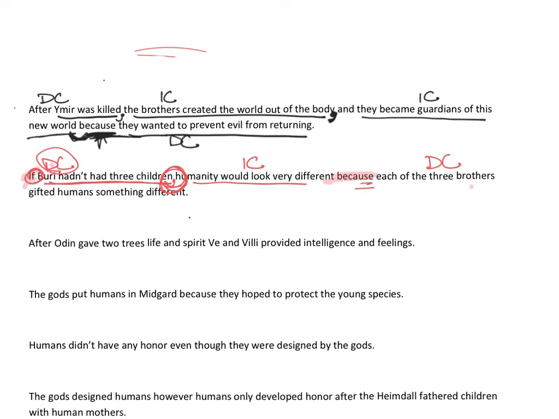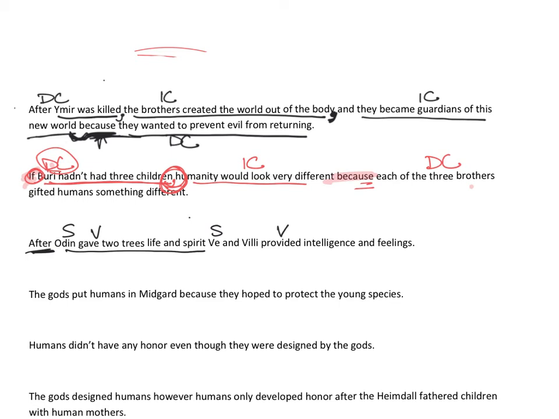Okay, after, ding ding, that's a little connecting word, Odin gave 2 trees life and spirit, Vé and Vili. I assume you see why we use commas, because it's like, dang, where does that idea end? After Odin gave two trees life and spirit, that's where our main idea is. So there's my subject, there's my verb. Where's my next subject? Vili and Vé provided intelligence and feelings.